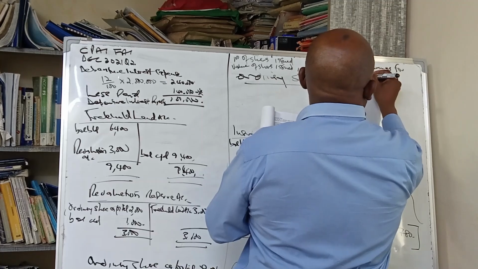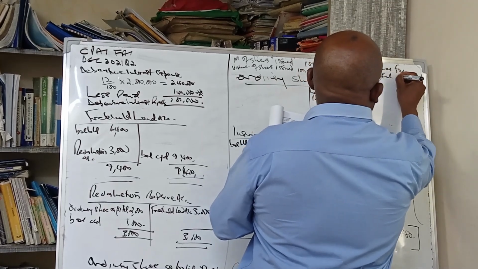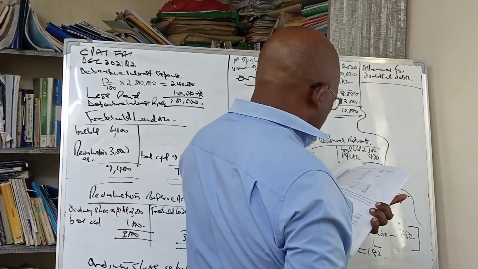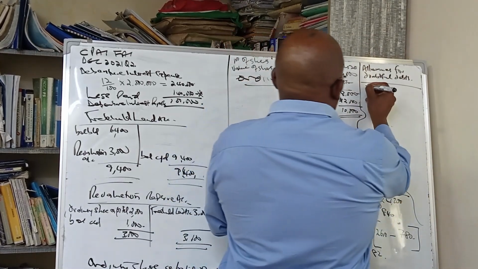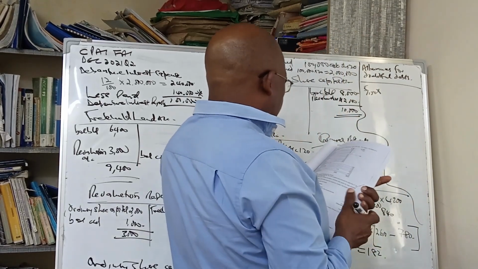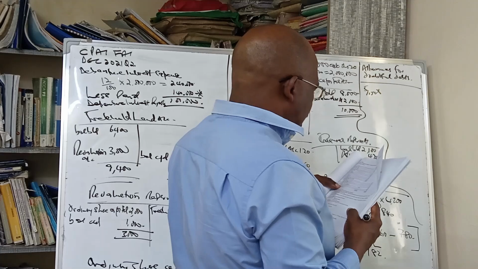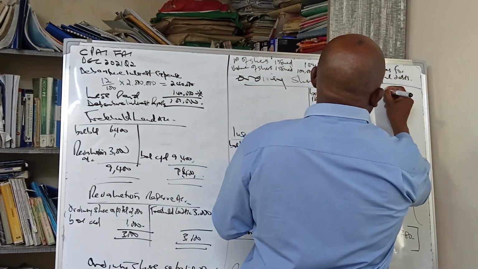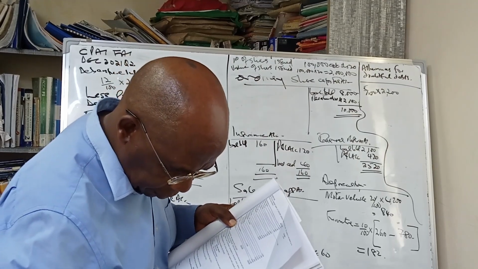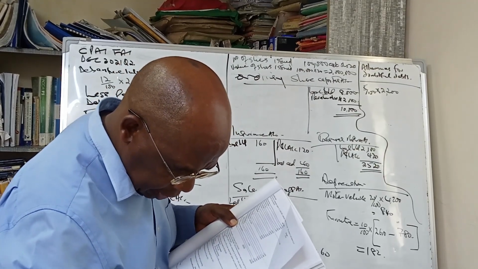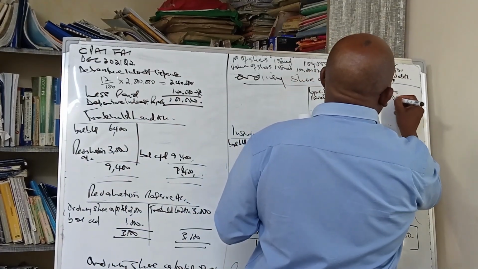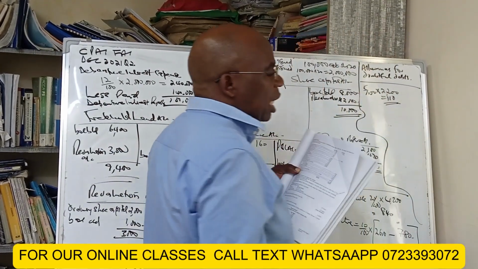We are told it is 5% of accounts receivable, and our accounts receivable is 2,200. 0.05 of 2,200 is 110. So our closing allowance for doubtful debts is 110.